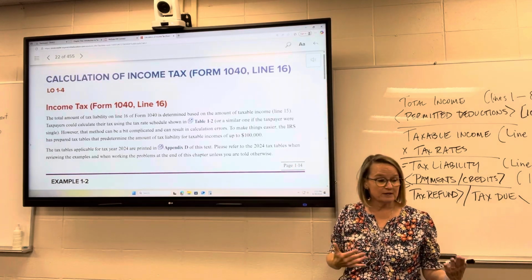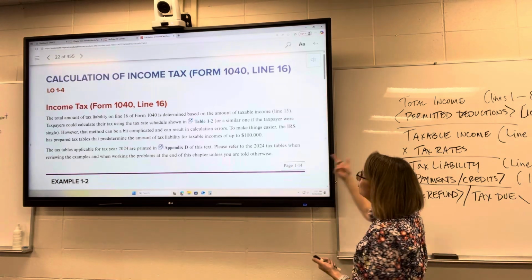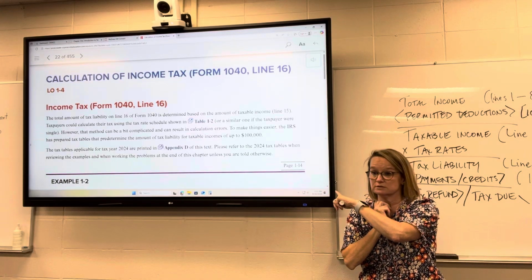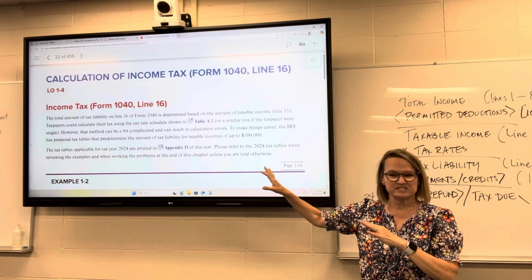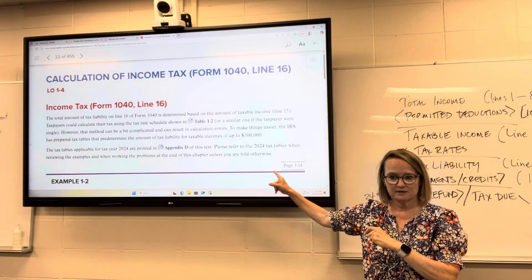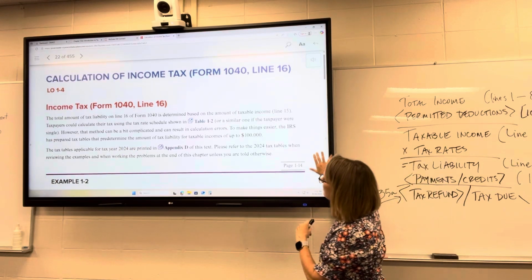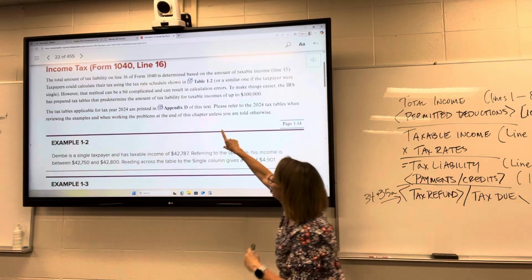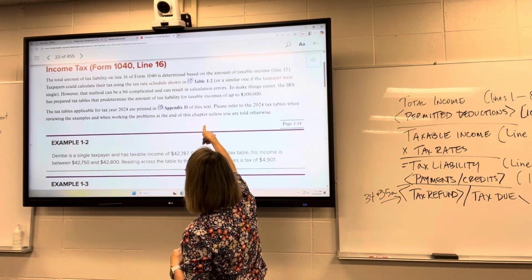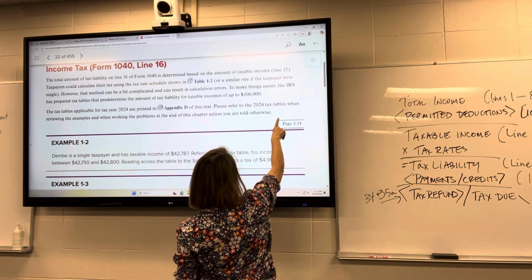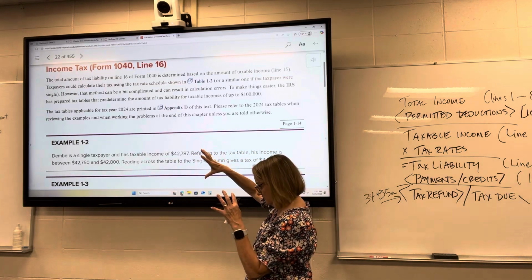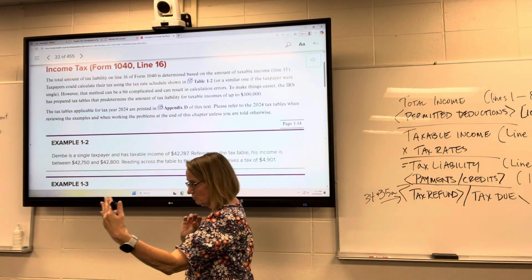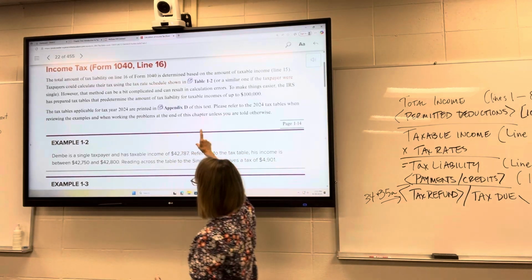If the taxable income though is over $100,000, then you've got to use the method that we just used. But you can use that more simplified method in Appendix F that I just showed you. So the simplified tables are in Appendix D. The other more complex calculation, we looked at Appendix F.